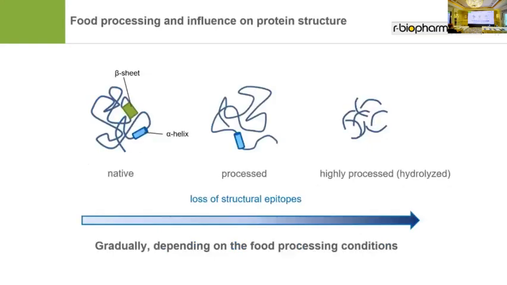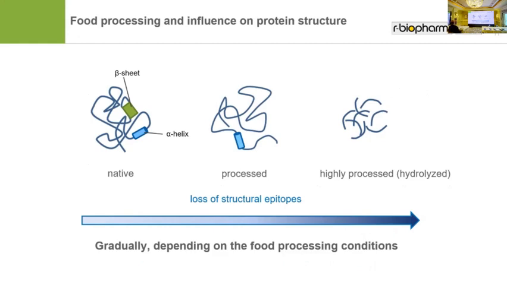Now look at what is going on with food preparation. Then we see here a model of a protein which is in a native conformation on the left side of the slide. It has beta sheets, it has alpha helix structures, it has a three-dimensional structure.